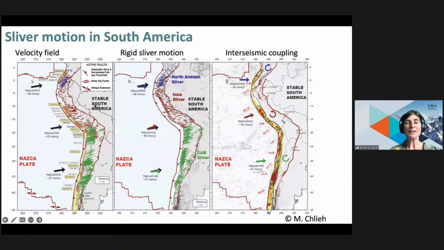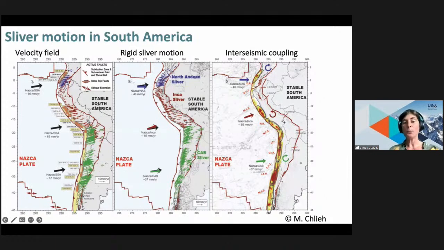Here you see the velocity field, here you have the component associated with the sliver motion, the rigid movement of the Andean sliver, and here you have the interseismic loading. Interestingly, in Peru, you have a sliver that moves towards the east and that has an anti-clockwise rotation.